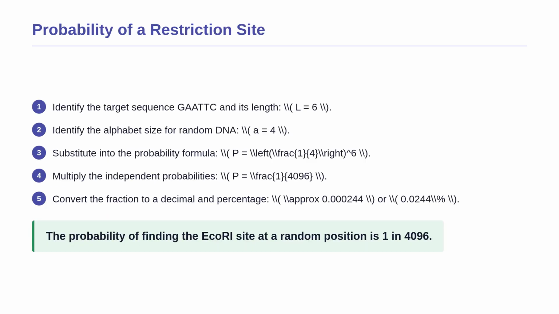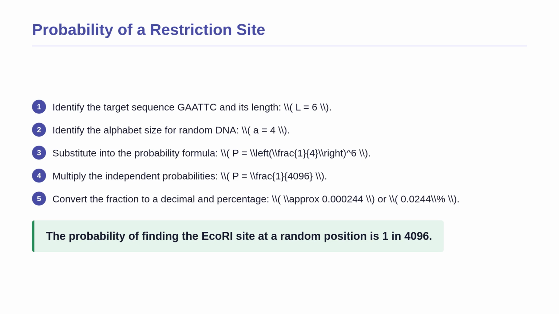Let us see how this probability formula guides real-world laboratory experiments. We're given a restriction enzyme called EcoRI that cuts DNA only at the exact sequence GAATTC. We are asked to find the probability of this sequence appearing by chance in a random DNA genome. The sequence length L is 6, and the DNA alphabet size A is 4.